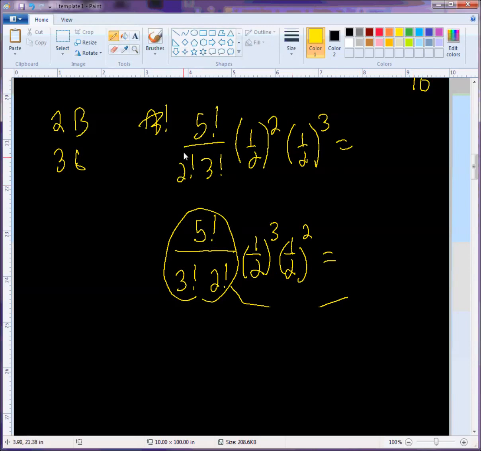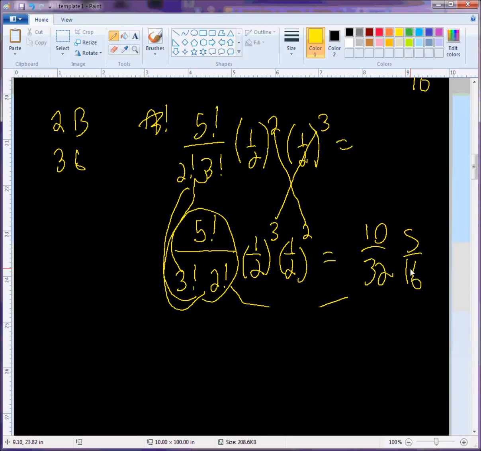So we just switched the positions of the 2's and the 3's. So 2 here, 3 there, 3 there, and then 2 here, 3 there, 3 there. So the probability is going to be the same. 10 out of 32, or 5 out of 16 for 2 males and 3 females.